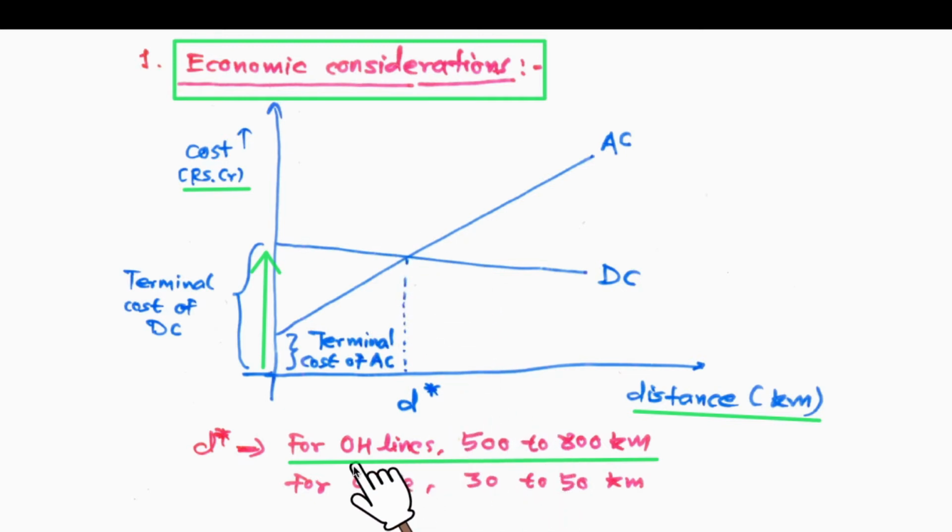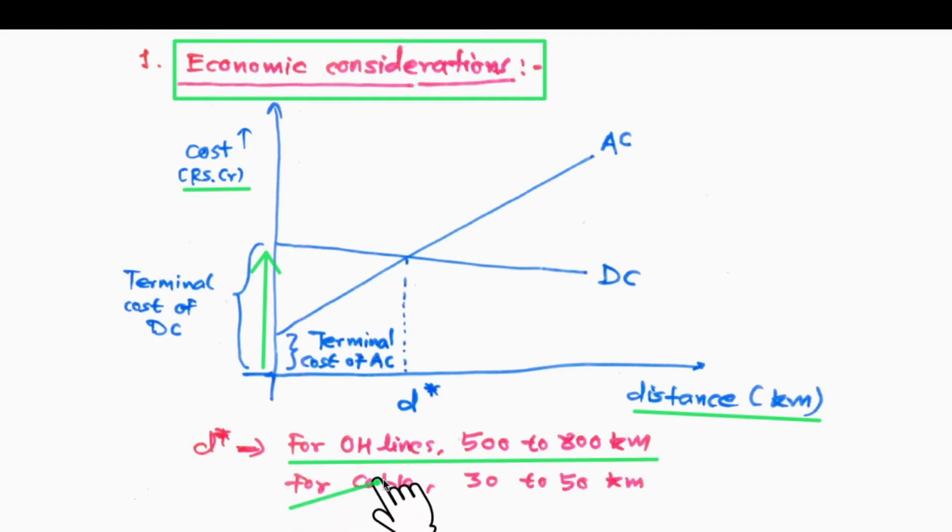The break-even distance is the distance at which AC and DC technology both can be utilized. The cost of transmission and terminal cost put together for this particular distance, okay, they are almost equal. They are equal. So break-even distance.